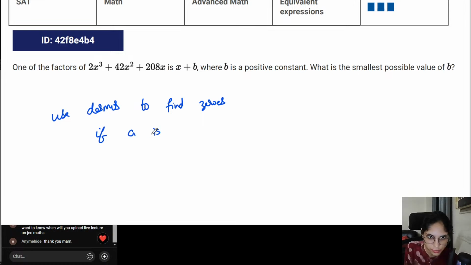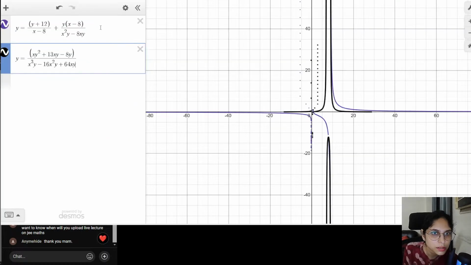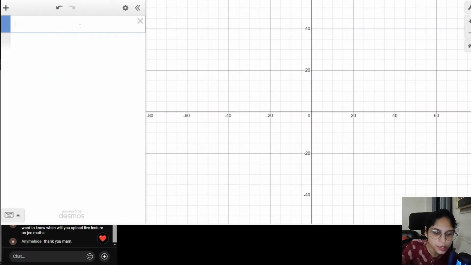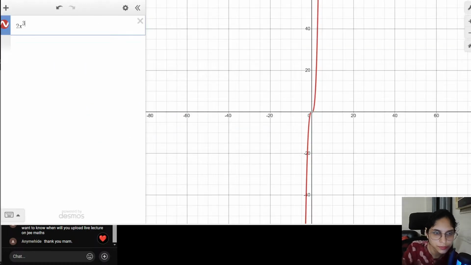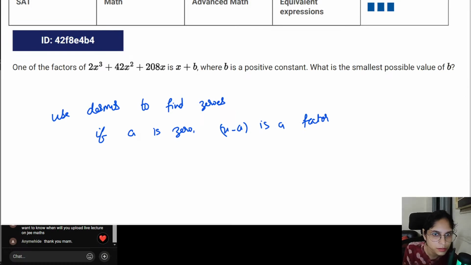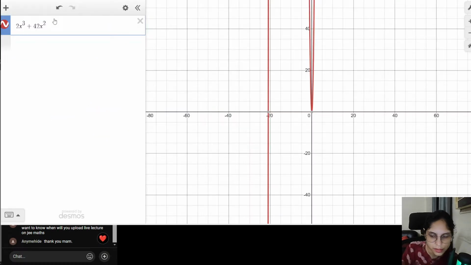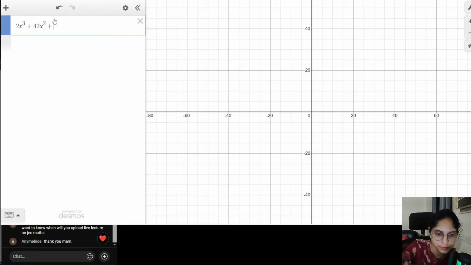If a is 0, x minus a is a factor. This is a proper Desmos question. 2x cube plus 42x square, because otherwise it will be a little difficult. Plus 208x, because the numbers are bigger.